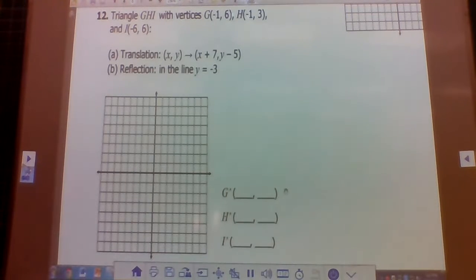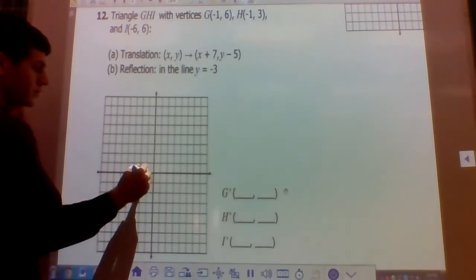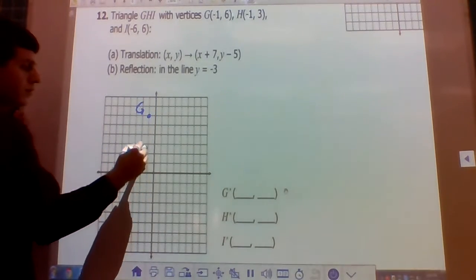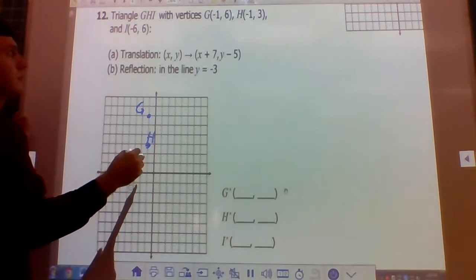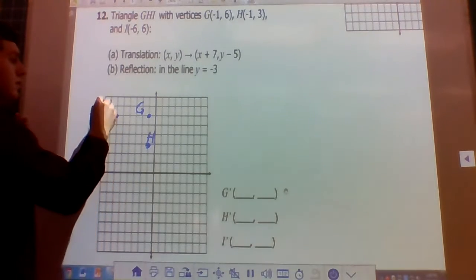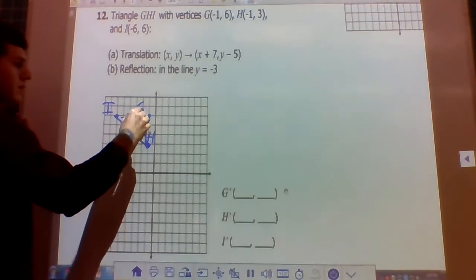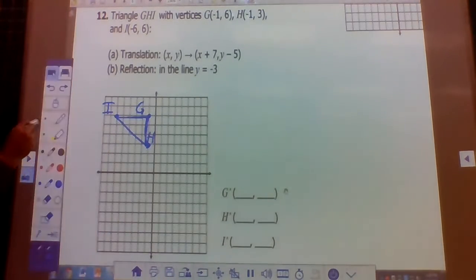Okay, so G, H, and I. So negative 1, 6 is G. Negative 1, 3 is H. And negative 6, 6 is I. Okay. So we want to reflect over the line y equals negative 3.